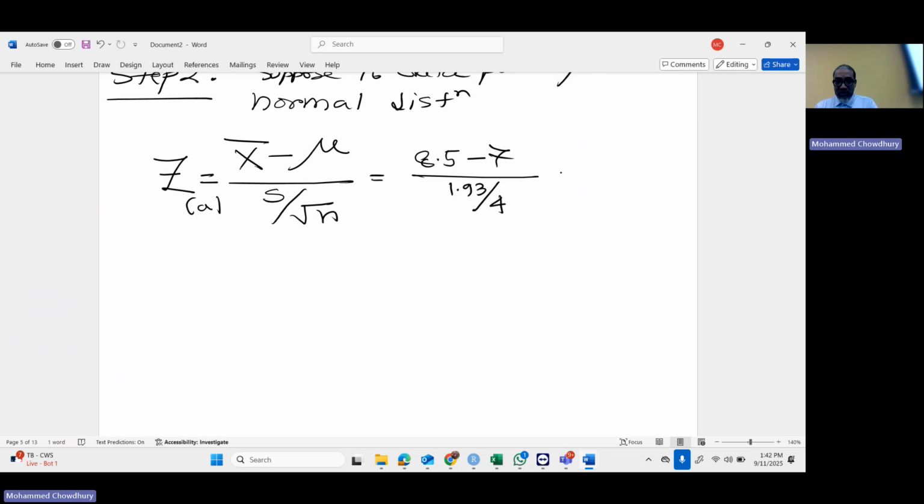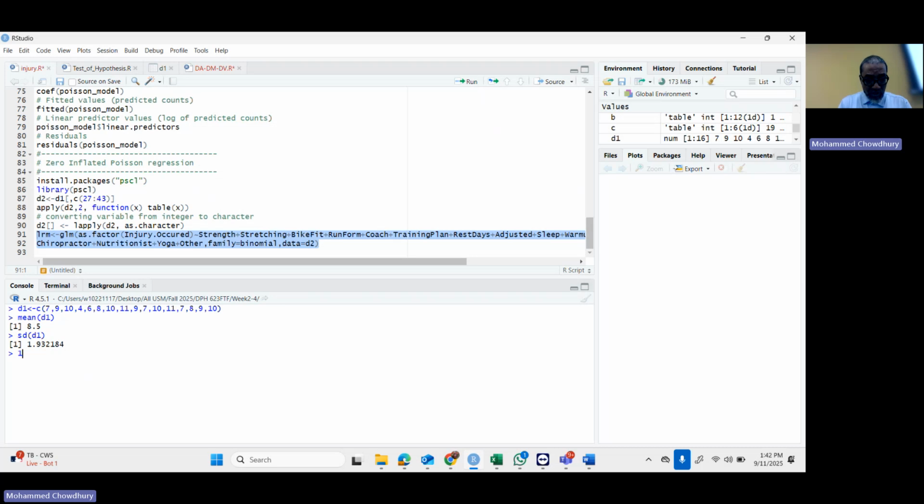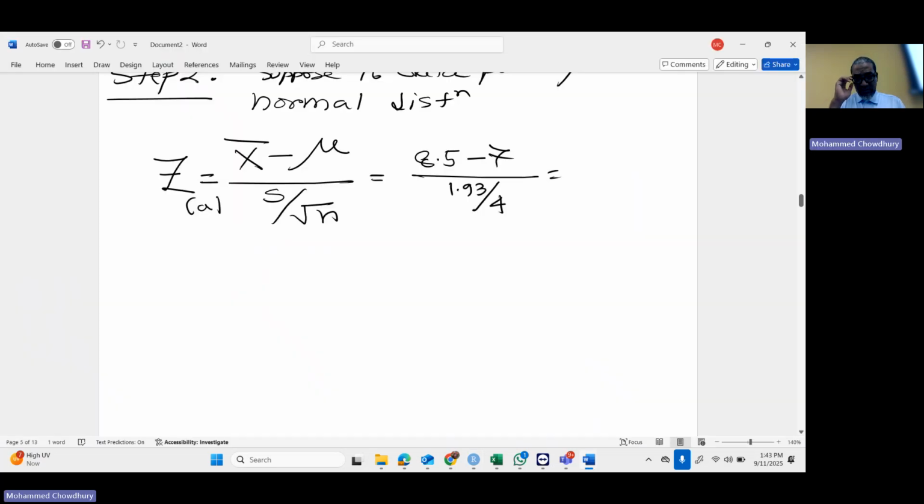So now let me see what this value is. 1.5 times 4 divided by 1.93. Let me see again.